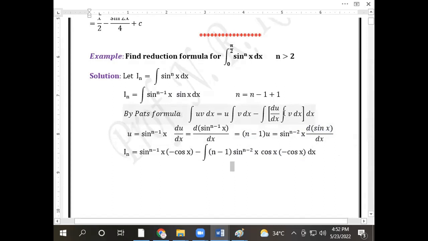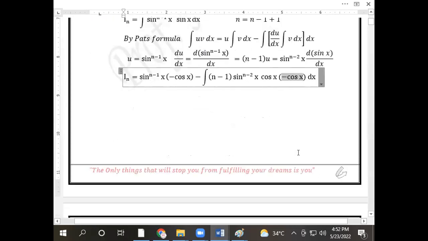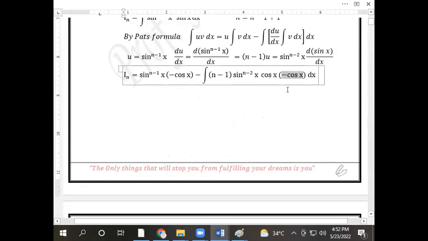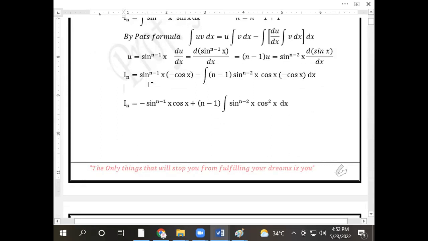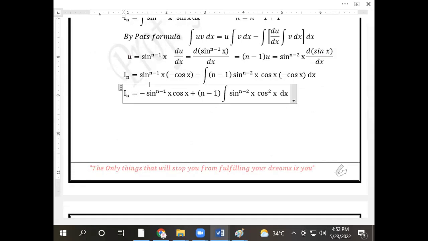And the integration of v with respect to x becomes minus cos x dx. So we get this particular solution. In the first term, we take minus as common, so we get minus sine raised to n minus 1 x cos x.